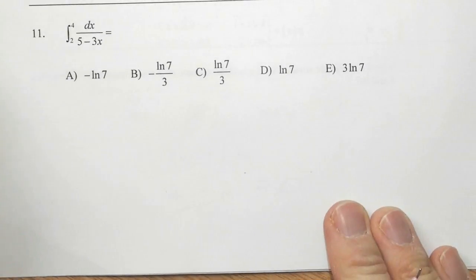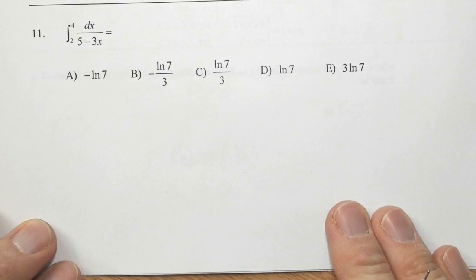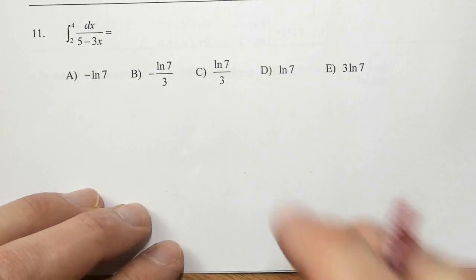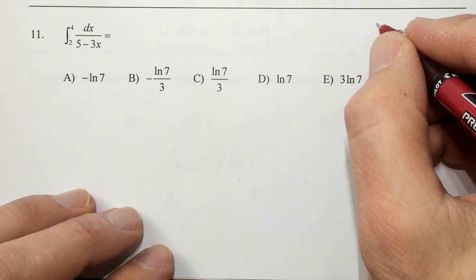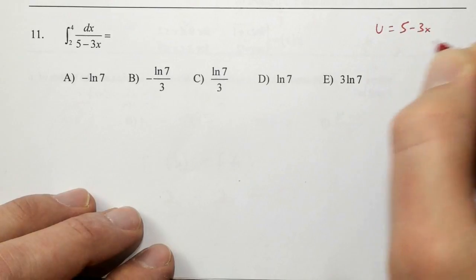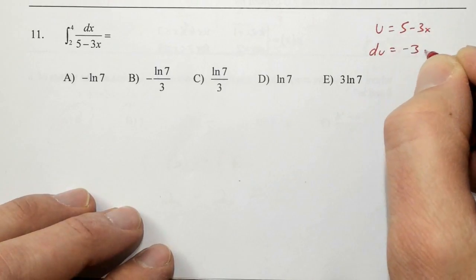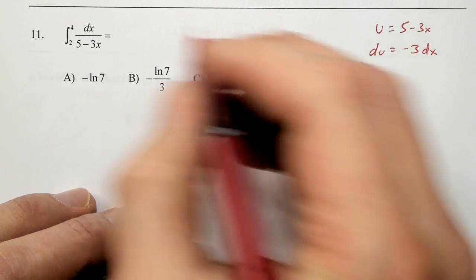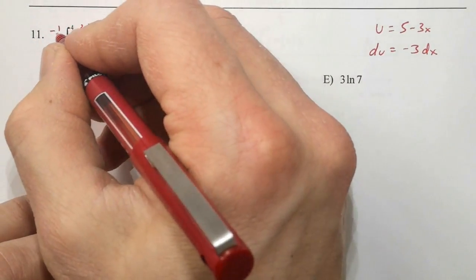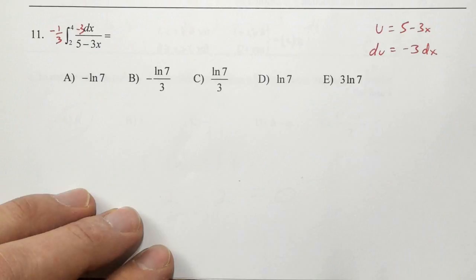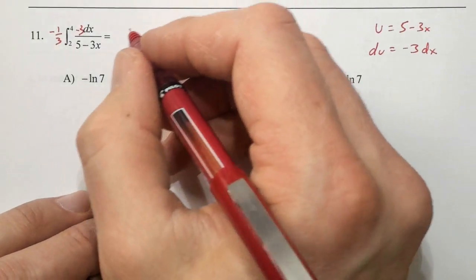And then with number 11, we have the integral from 2 to 4 of 1 over 5 minus 3x dx. Use substitution again. u is equal to 5 minus 3x. du is equal to negative 3 dx. We don't have the negative 3, so we're going to throw it in there, and the corresponding negative 1/3 out front. Now we can rewrite this.